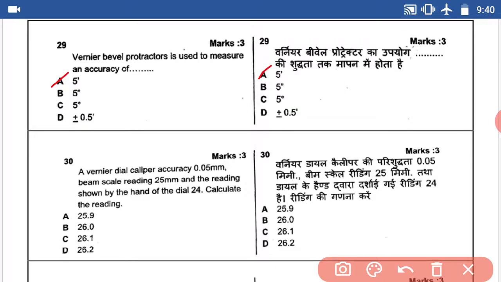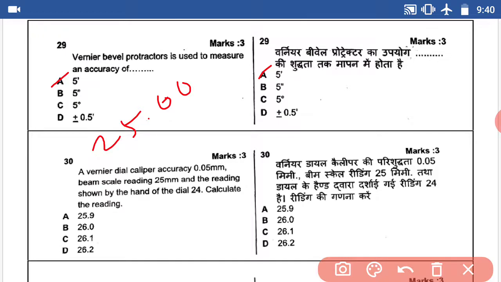Question number 30. A vernier dial caliper accuracy 0.05 mm, main scale reading 25 mm, and the reading shown by the hand of the dial 24. Calculate the reading. Main scale reading 25.00.